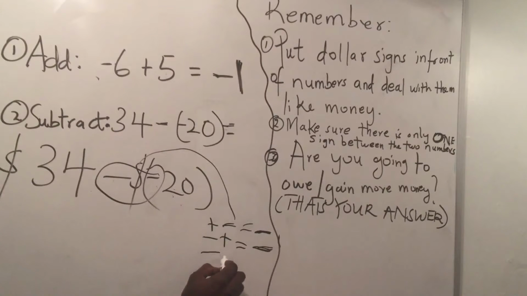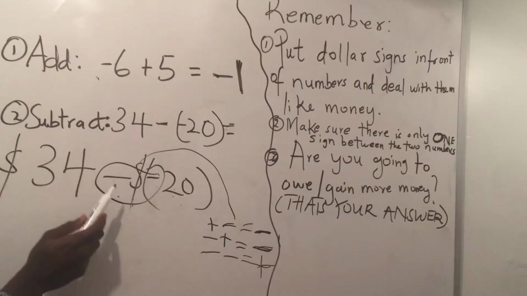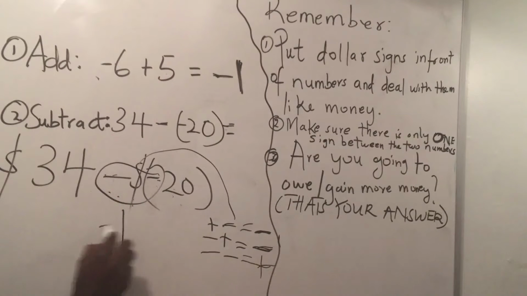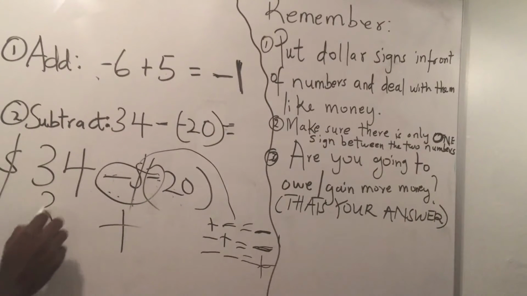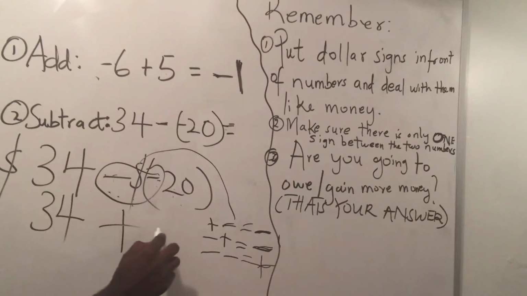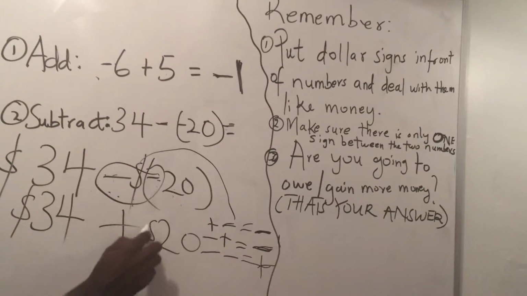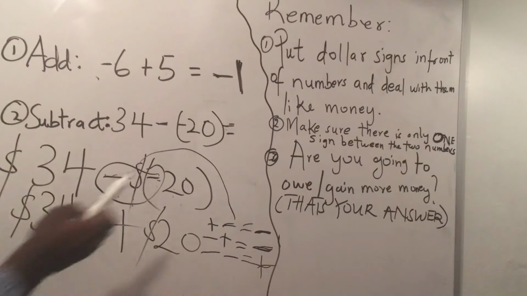And if it's a negative and a negative, like this case, it will change to a positive. So the 2 negatives will change to a positive, and all the numbers will just come down: 34 and then 20. Remember, we said we had to put dollar signs, to treat it like money. So now, the third step.